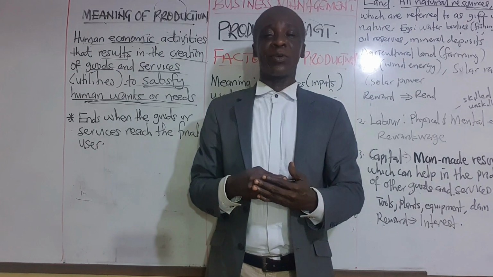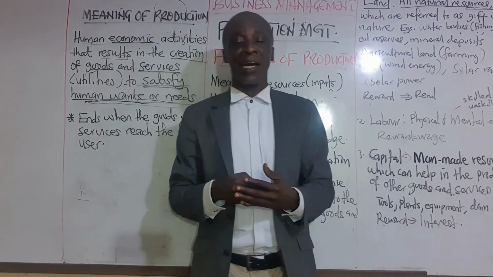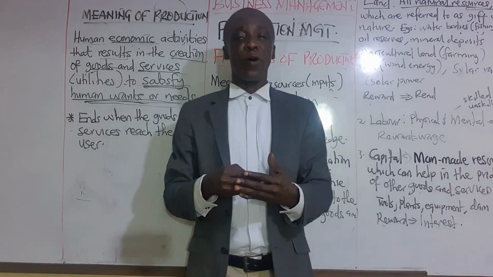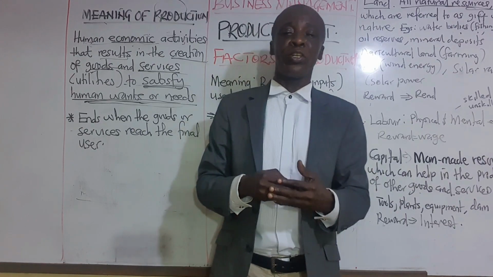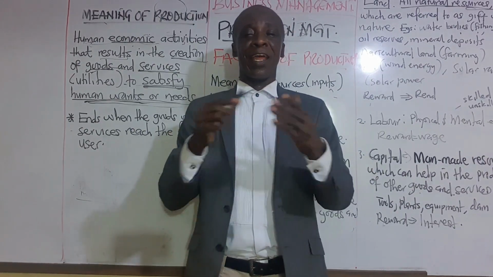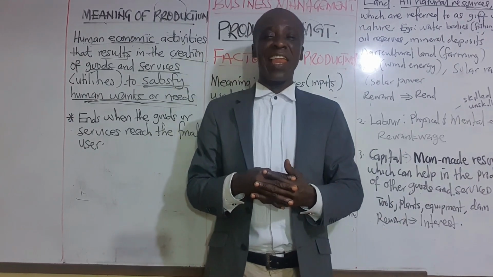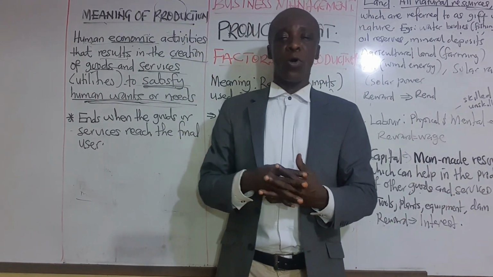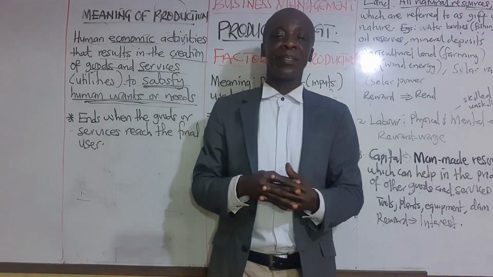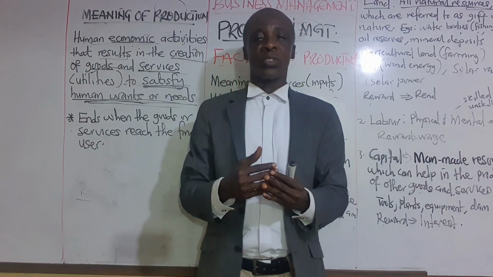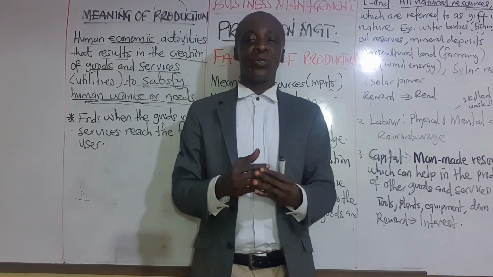We defined what production is. We said that when we talk about production, we are looking at human economic activities that result in the creation of goods and services. In other words, the creation of commodities to satisfy human needs or wants. Then we said production is never complete until the goods or the services get to the final user.